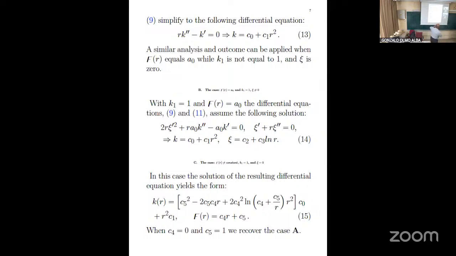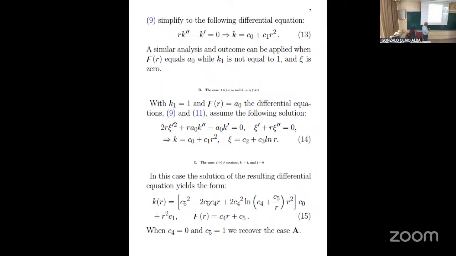So let us discuss the third case where f of r is not equal to constant, and both k1 equal to 1 and xi equal to 0. So in that case, we will get k, which is the only unknown, to be of this form, and the form of f of r. This is the first derivative of f of r, of this form. Okay?